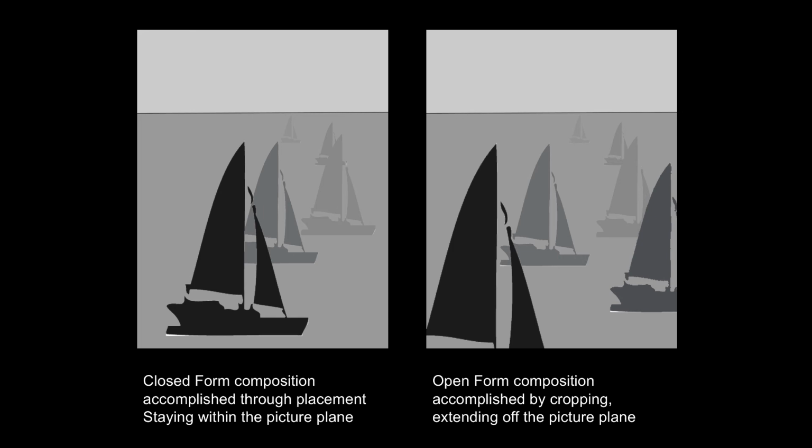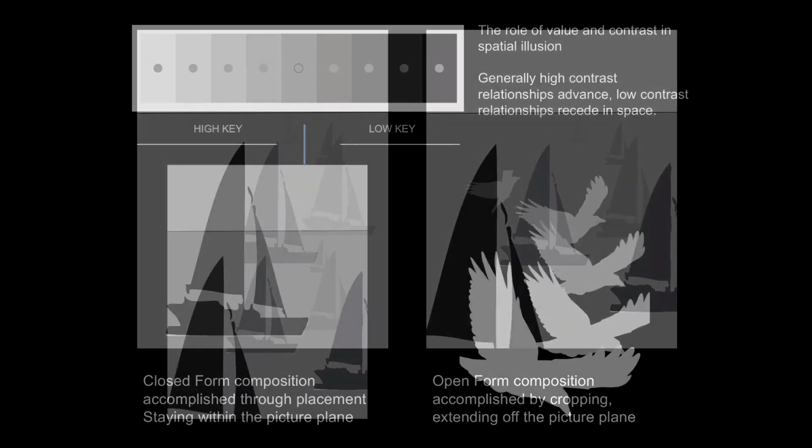So it looks much bigger. Sometimes that's called forcing the picture plane, and it looks like the object is coming off of the picture plane. And then you see that the objects also look like they're moving to the right and moving off the picture frame. So this is another aspect that we're going to explore, open form composition.